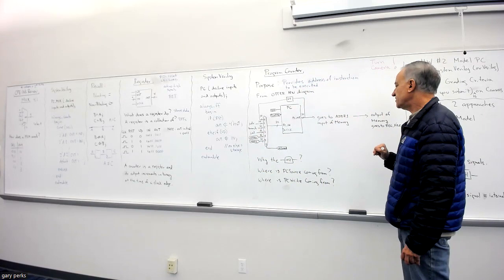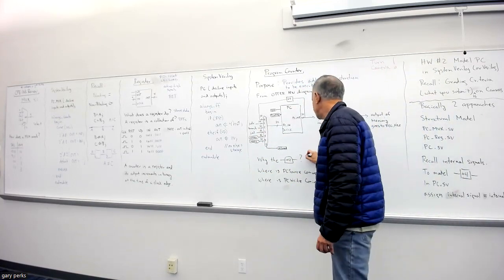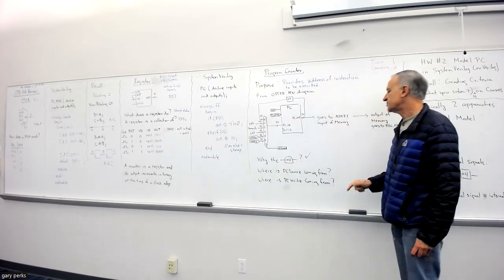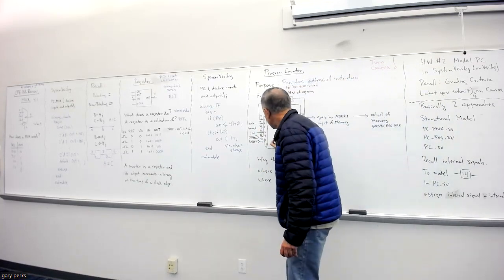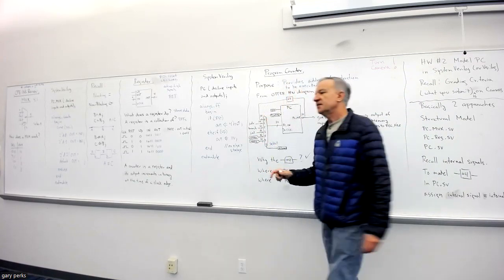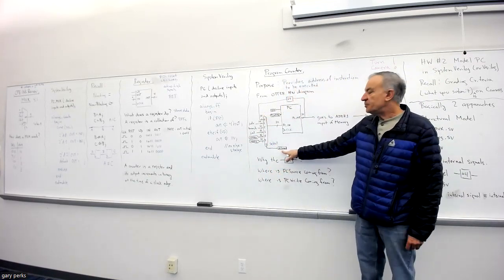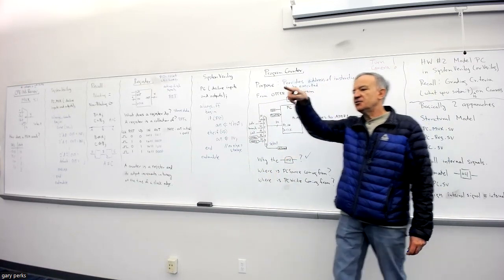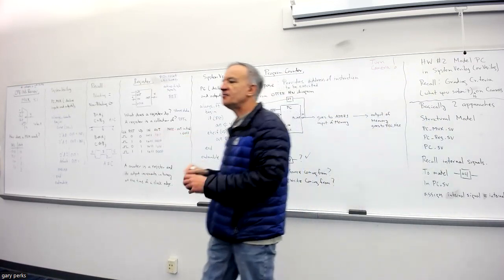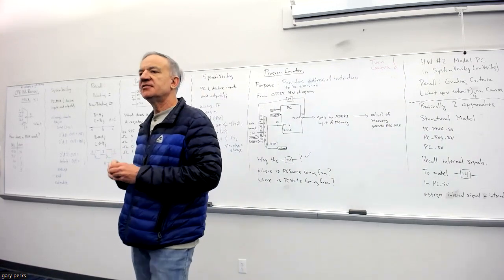Now, another thing to notice is where the select line goes. This is the select line of the mux. It goes to something called PC source. Can you see on your diagram where PC source is?